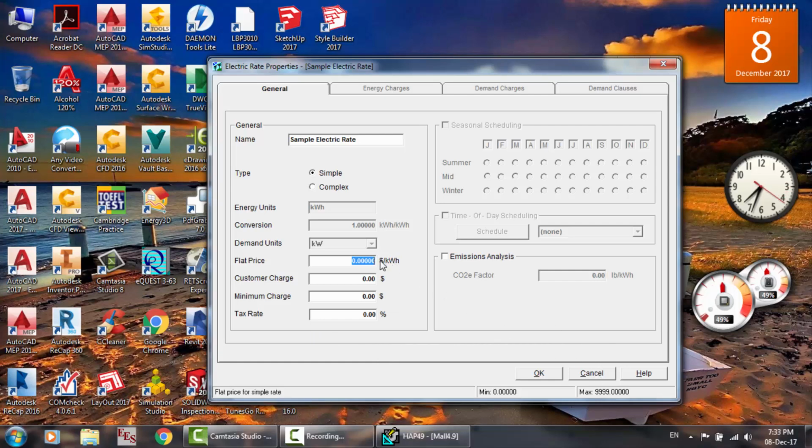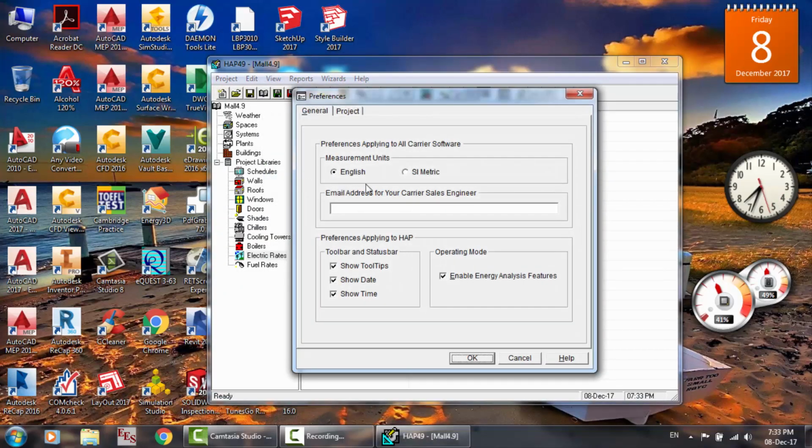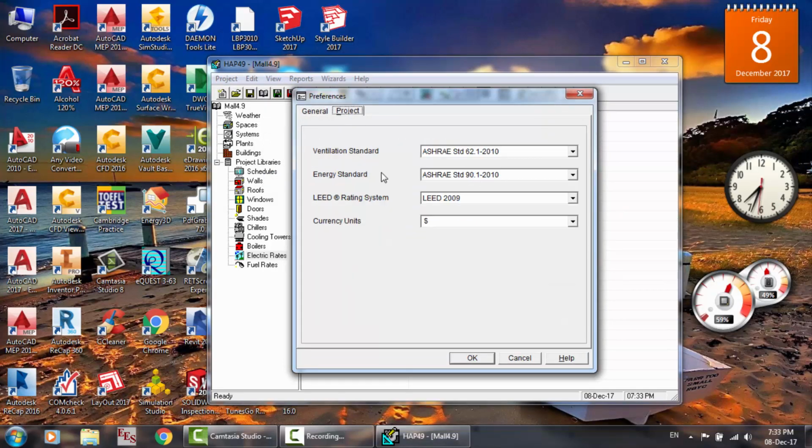So what if you don't want to deal with dollars? You can click cancel, view preferences, and you have here the project and the currency units. Here is dollars. You can make it any other thing. Okay, something like this.